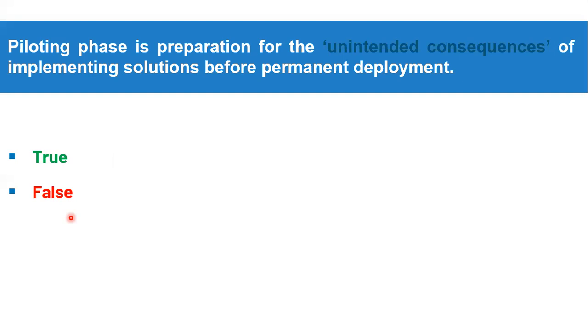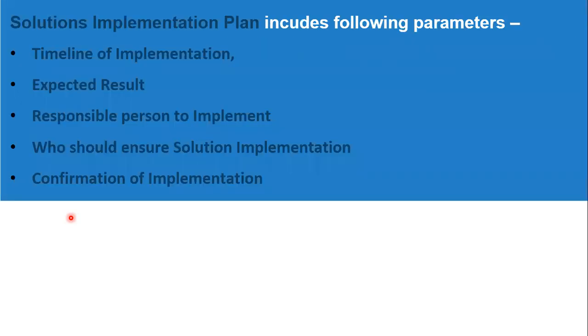So that will help us to prepare ourselves for control phase, where in control phase we are going to implement the solutions on a larger scale basis. So that's why piloting phase is preparation for the unintended consequences of implementing solutions before permanent deployment in control phase.